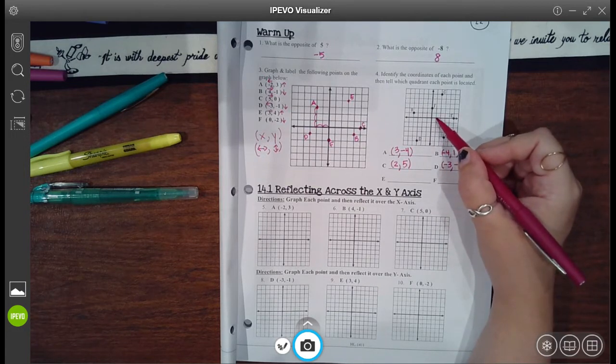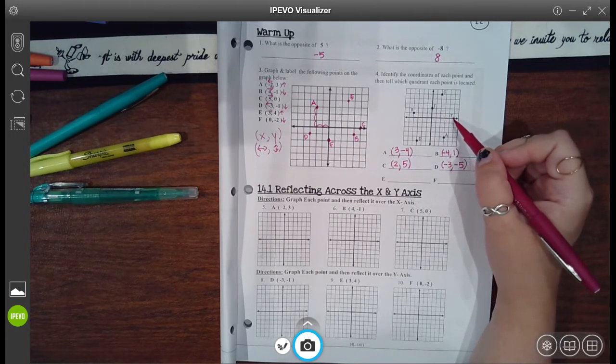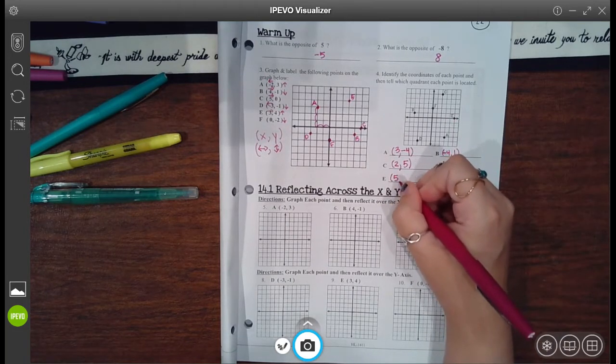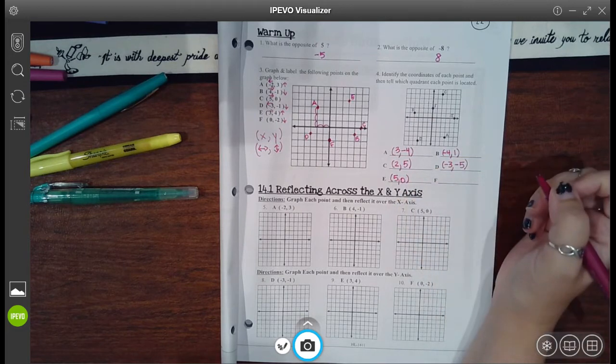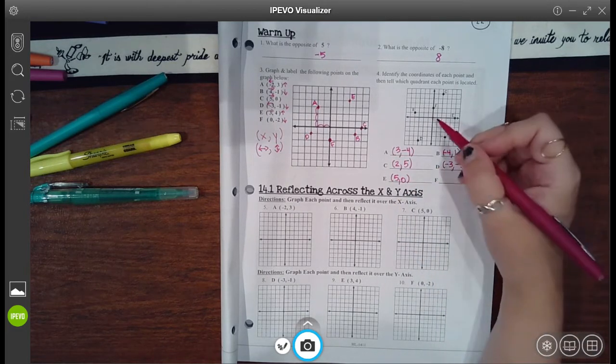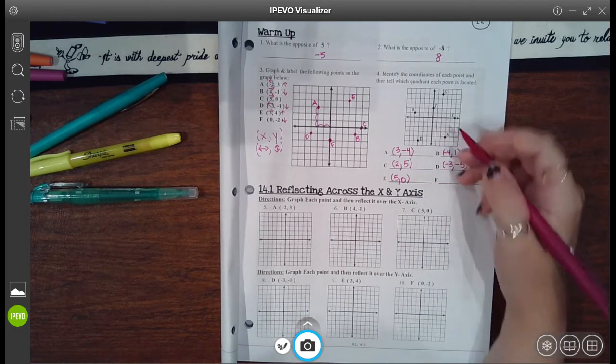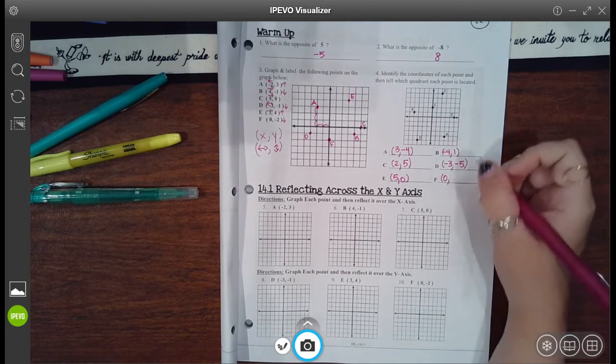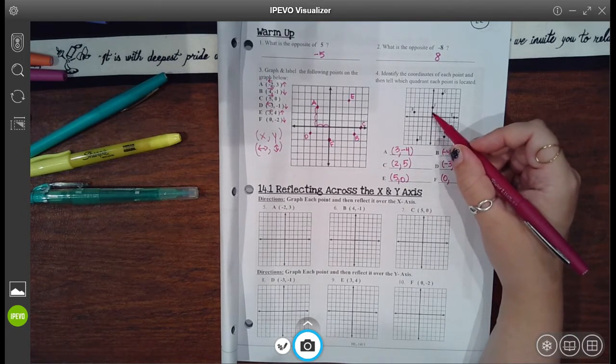E was to the right 1, 2, 3, 4, 5, and up or down nothing. So it's just 5, 0. Okay, and then finally F moved right or left nothing, so X is 0, and up 1, 2.